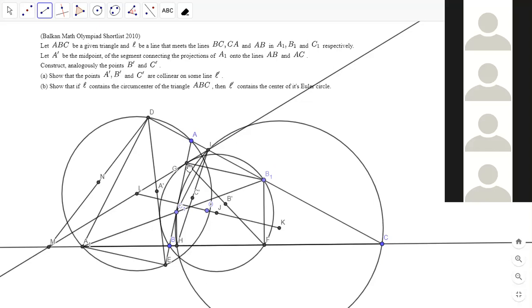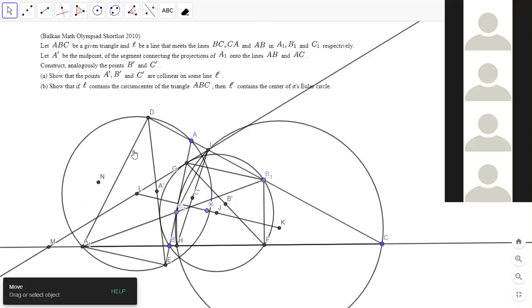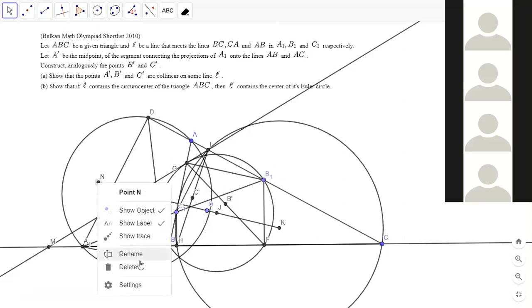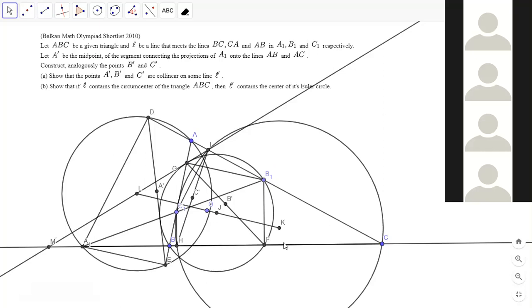Oh, no, because I need to see where FI, no, that one, that's not right. I'd have to take where HG and FI intersect. So yeah, that doesn't work.